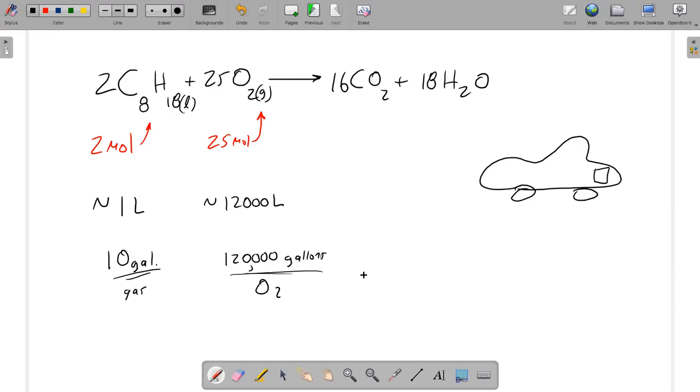So not only do you consume a lot of oxygen, but you also create an enormous amount of carbon dioxide, and water vapor too. It isn't like you buy 10 gallons of gas and make 10 gallons of volume of CO2.